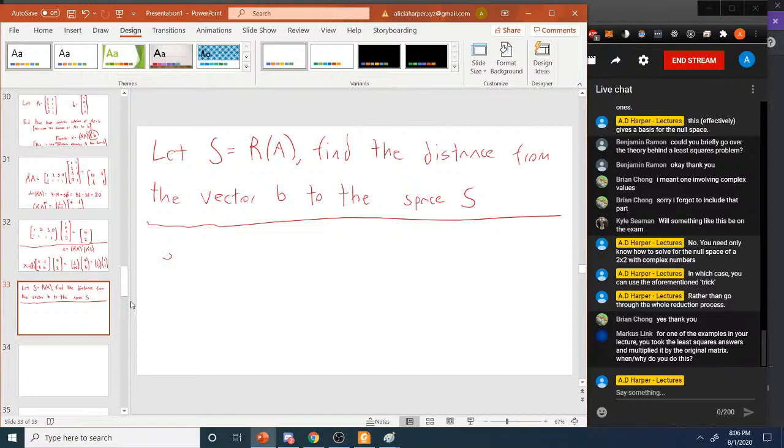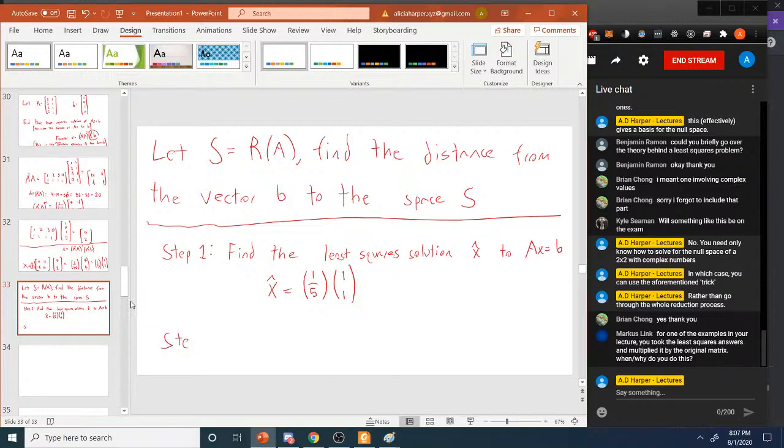Well, step 1, find the least squares solution X hat to AX equals B. We've already done that. And we found that X hat here is equal to 1/5 times the vector 1, 1.